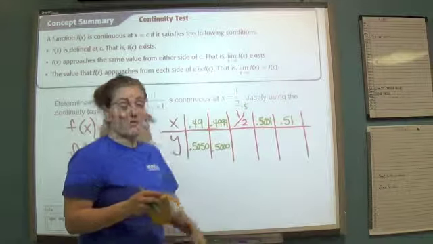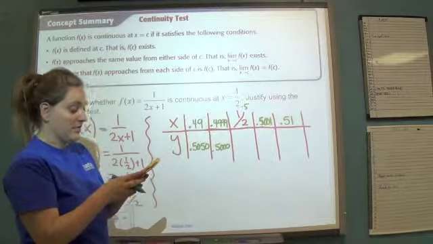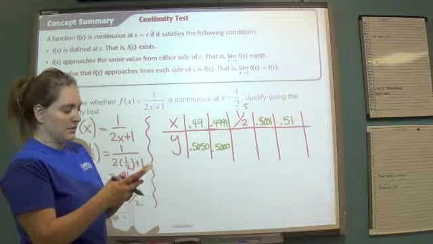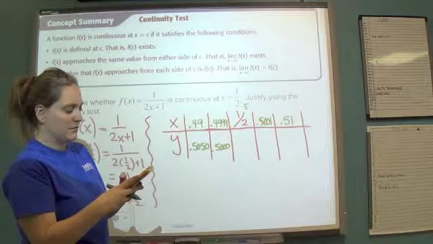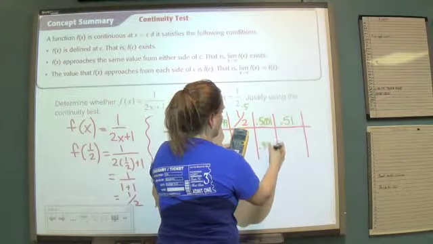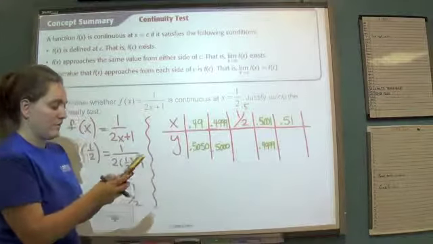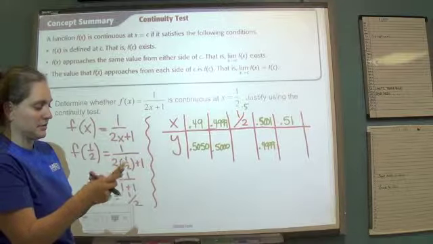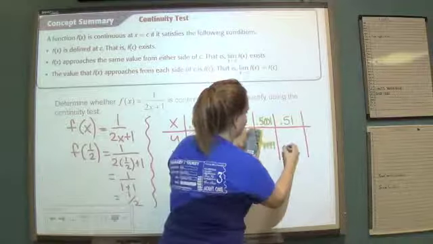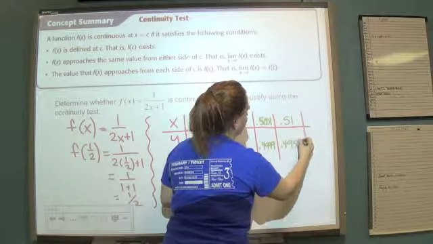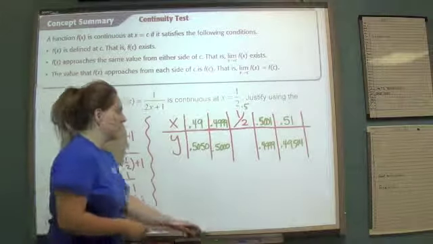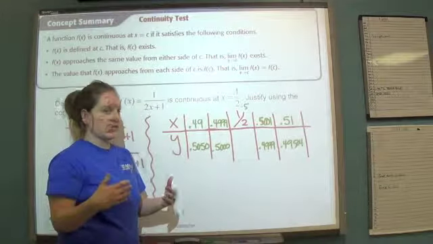So now we're going to go to 0.5001, which approaches x, and 0.51, which approaches x. I get 0.4999 and 0.49504.